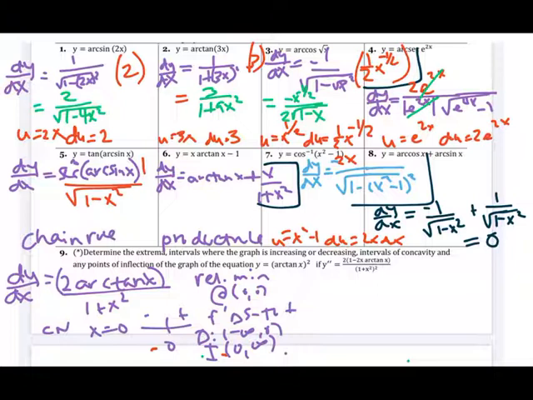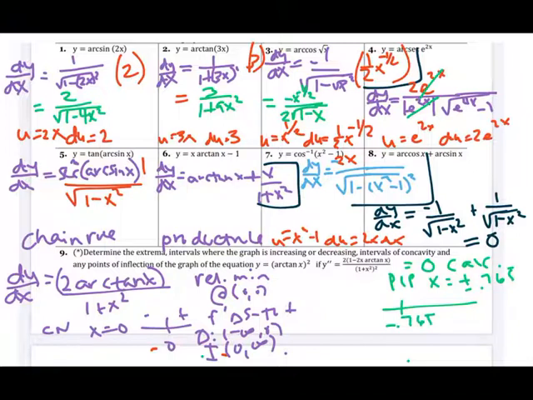And then you can use your calculator to find out when the second derivative is 0. You're going to get that your possible points of inflection are when x is equal to plus or minus 0.765. Oh, I am definitely going to run out of room here, so I might just tell you some of these things. This is going to be negative, positive, negative.